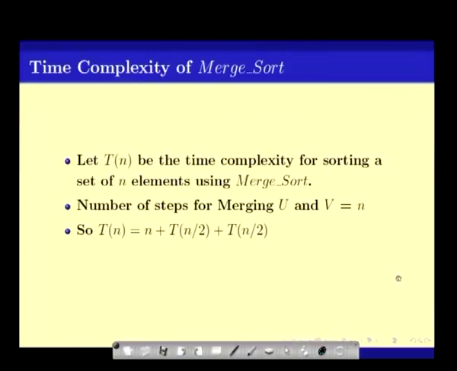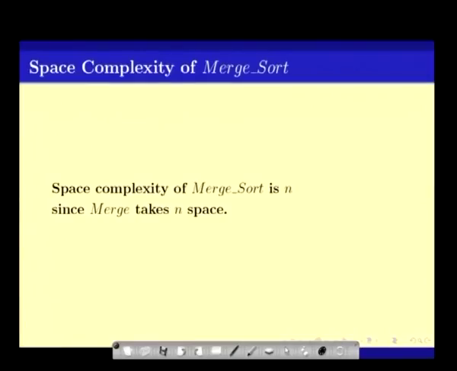And once we have this, T(n) equals n plus twice T(n/2). This is exactly the same analysis we did before, and in that case we had got T(n) less than or equal to twice n log n. Now, for the space complexity of merge sort, since merging itself takes space n, we cannot do anything but use this space n.